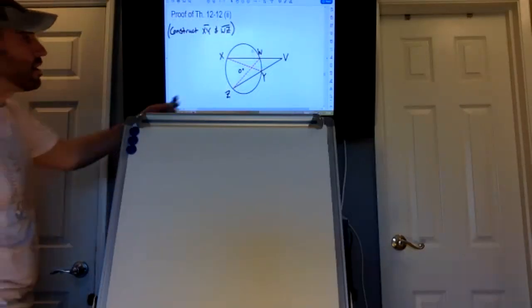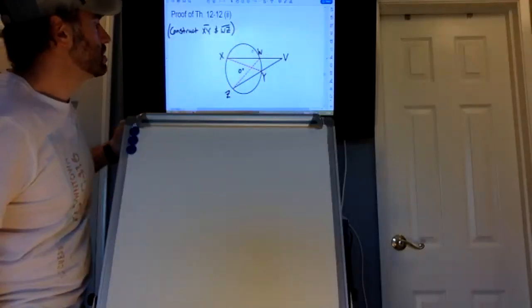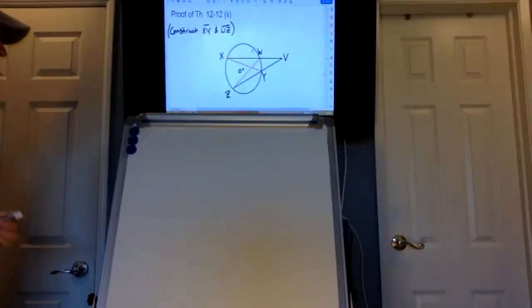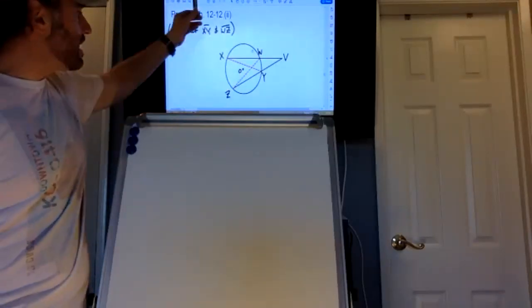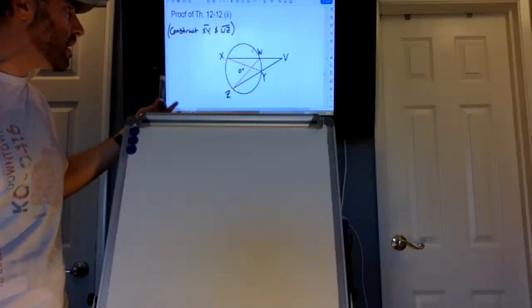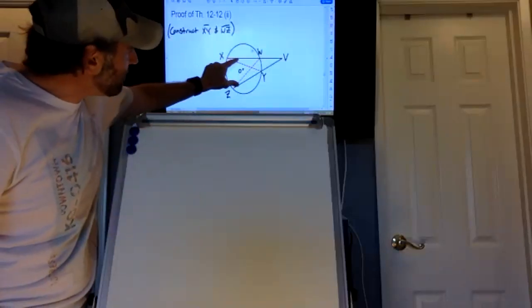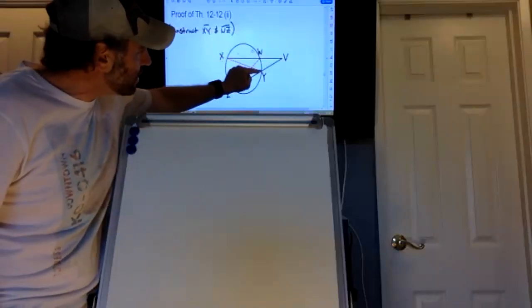Now all you have to do is bump this up and it becomes tangent. Oh, I get it. Remember what you're trying to do in case 1 and 2: you got similar triangles. You need to find a way to get similar triangles, and you get them similar by having inscribed angles sharing an arc.